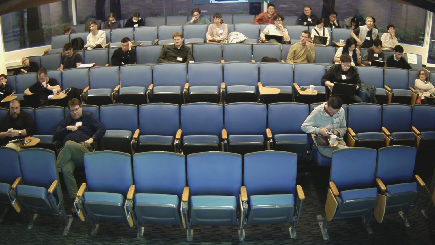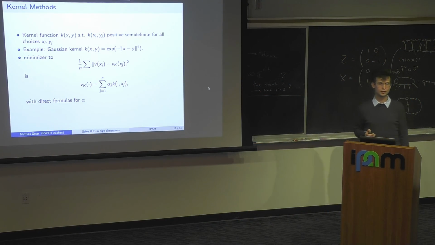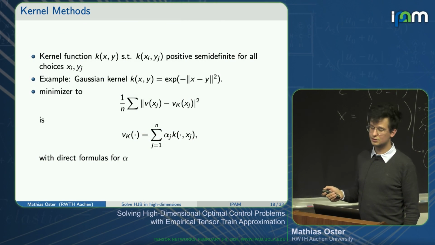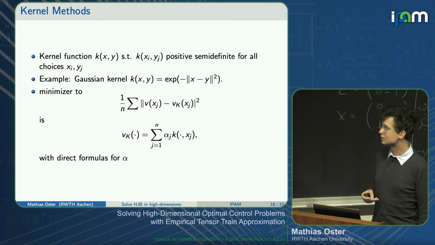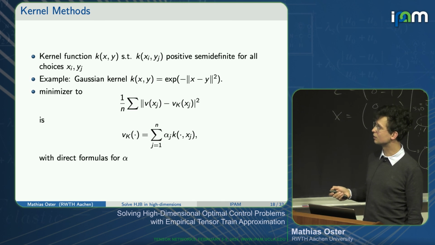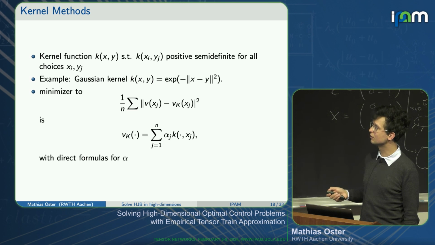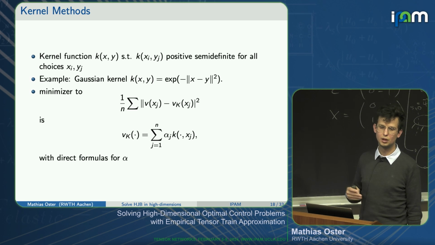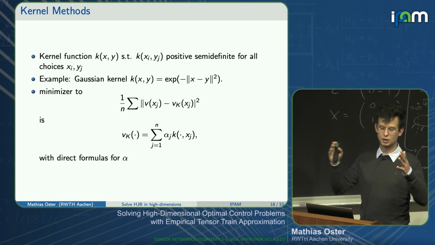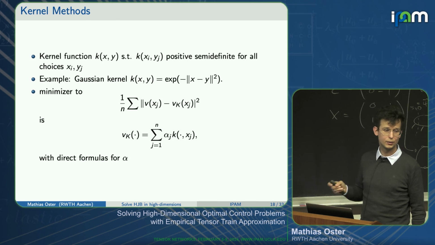The other two methods we'll explain very briefly. One of them are the so-called kernel methods, where you pick a function of two variables, or two inputs. They can be multidimensional. And you usually ask something from this kernel: that it's so-called positive definite. That means that for any finite choice of points, you get a matrix if you evaluate it at these pairwise points, and this should always be positive definite for every possible choice.